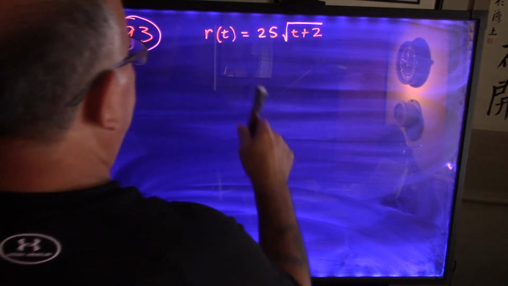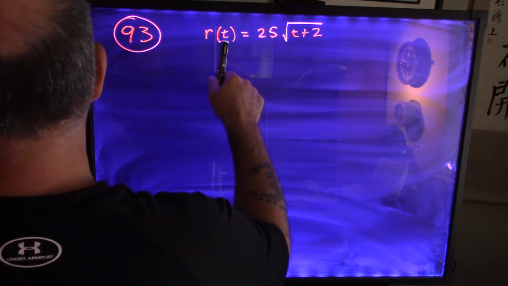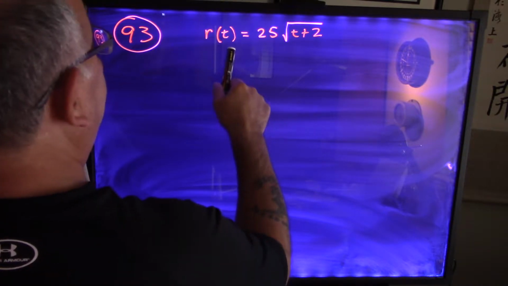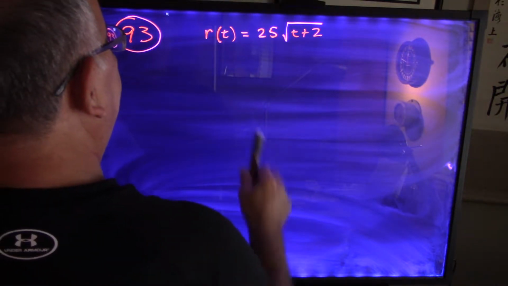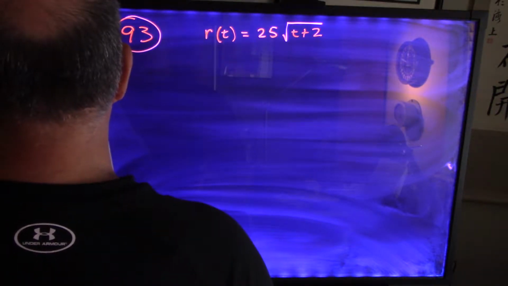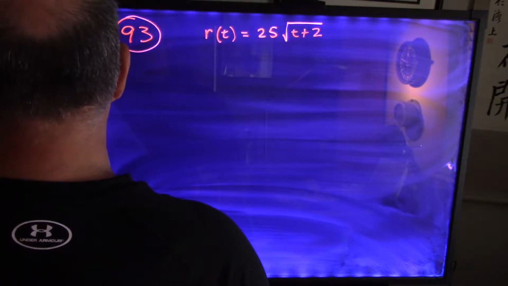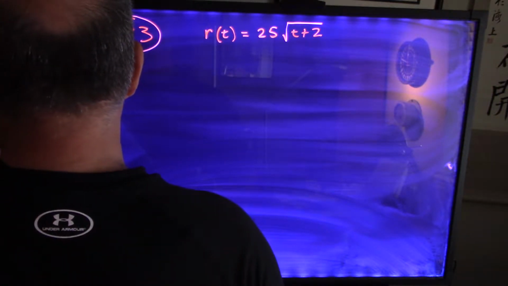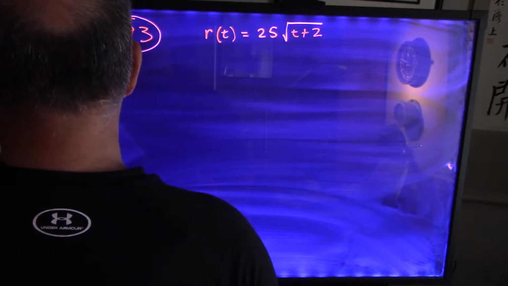So, for example, in t minutes, it'll give you the radius of that circular ripple in t minutes, alright? So, there you go. Find the area of the ripple as a function of time, and then find the area.